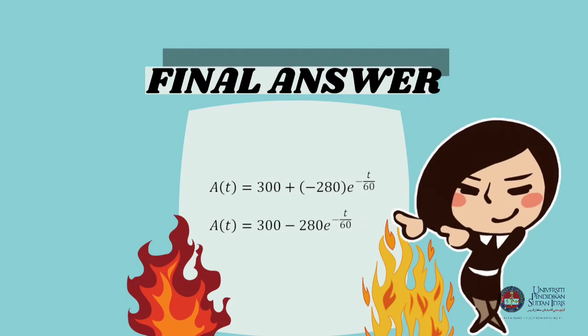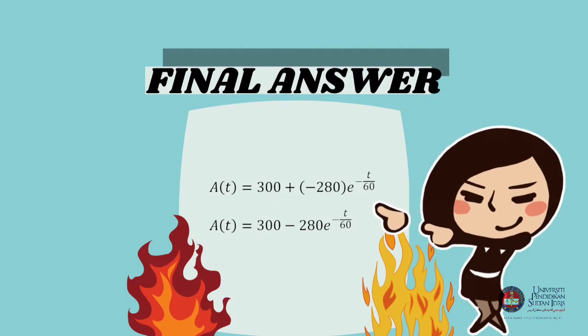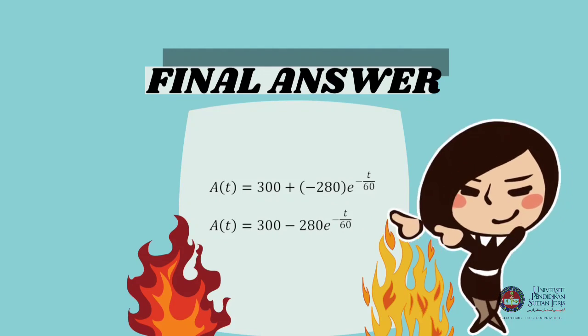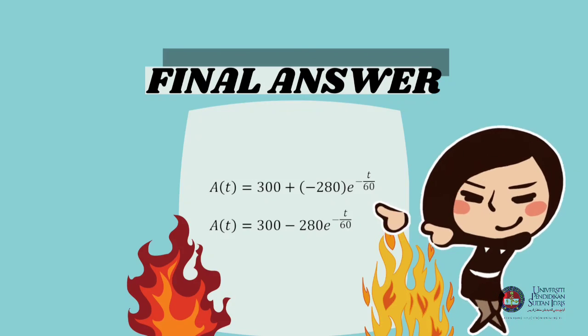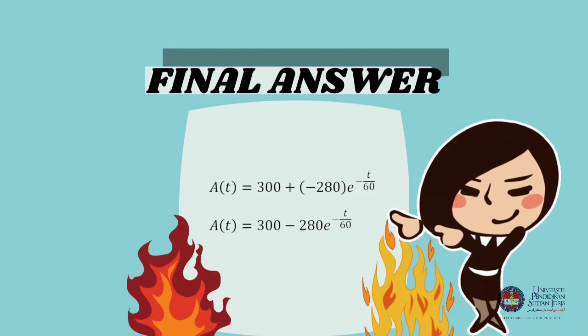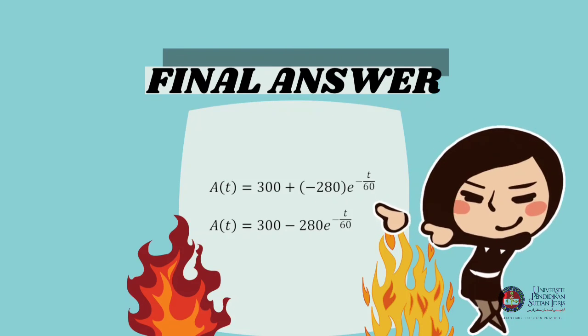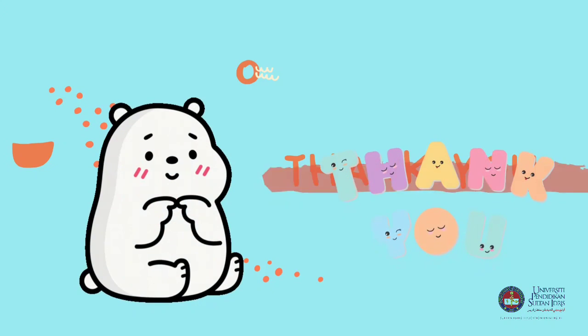Therefore, the amount A(t) of grams of salt in the tank at time t is A(t) equals 300 minus 280 e to the power of negative t over 60. That's it. Thank you.